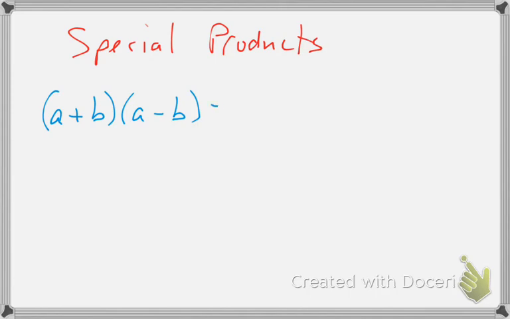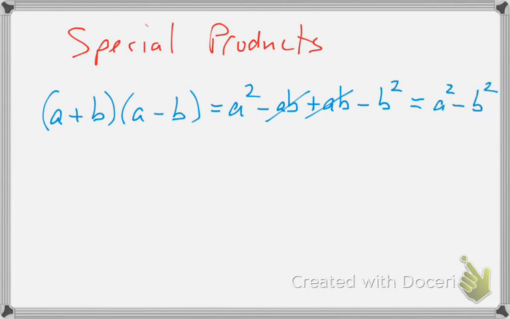Sure. If I FOILed it, your first would be a squared, your outer would be negative ab, right? Whereas your inner would be positive ab, and your last would be negative b squared. Is that so? And what's going to happen? Yeah, negative ab plus ab will cancel out, right? And so we get a squared minus b squared.